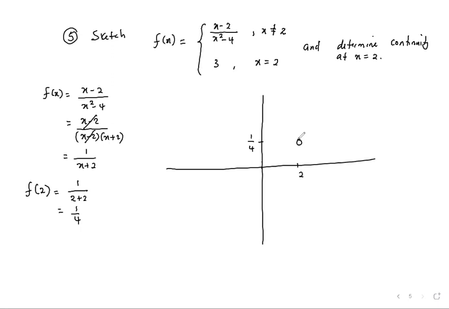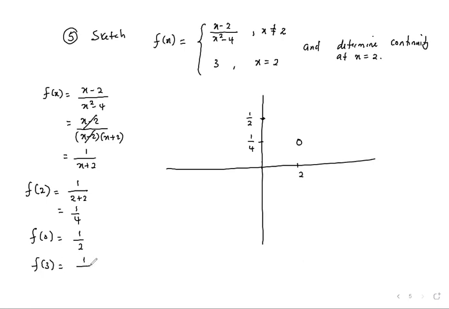So when x is 0, we are getting 1 over 2. So we have 1 over 2 there. And also when x is, say, 3, what do we have?